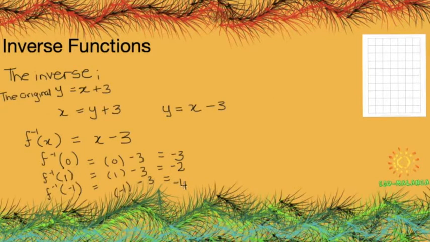So what we then get is a new range and a new domain. I'm going to write it down for you. The domain of the inverse becomes the same thing, which is negative 1, 0, 1.